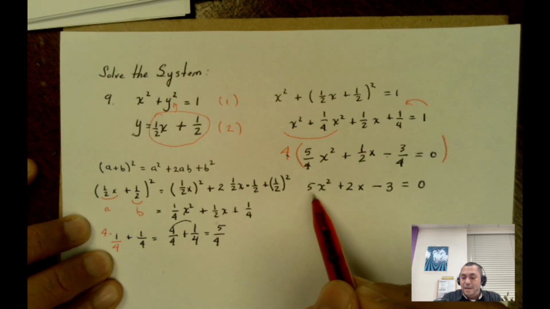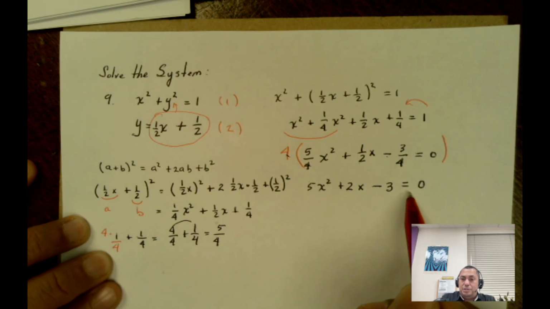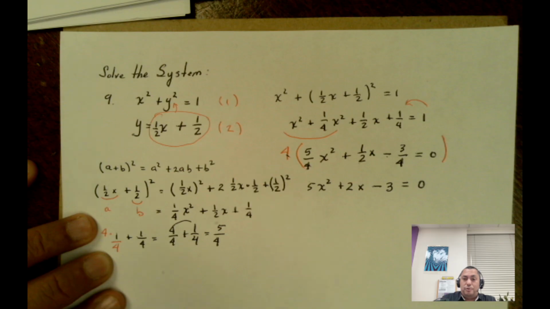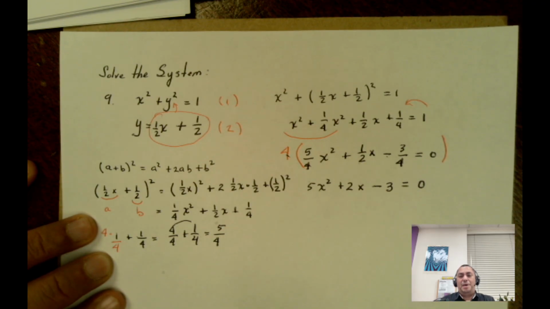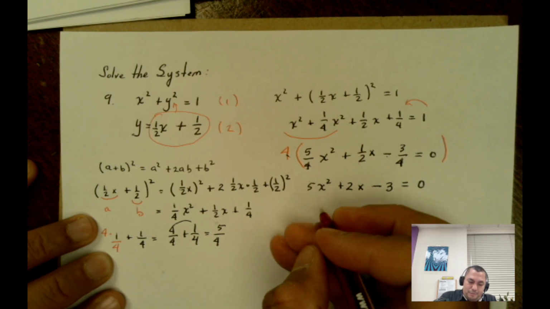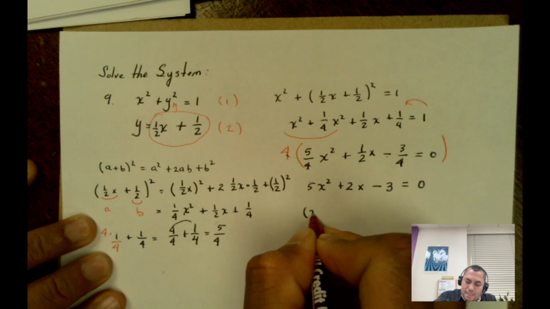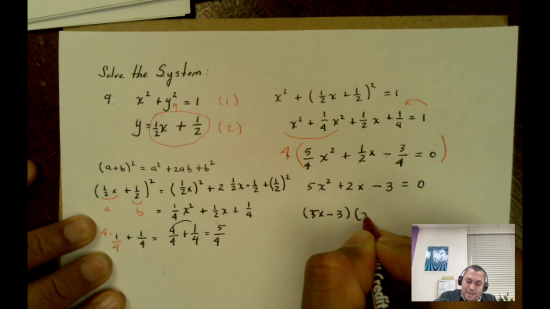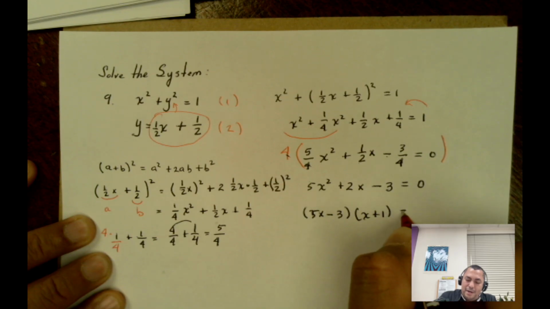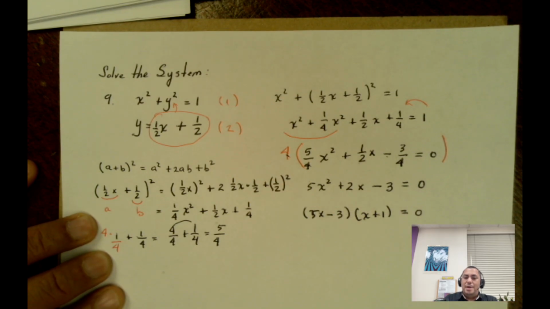Now what I have is a quadratic equation. We're going to try to factorize, and we can. In some of the videos that I have presented, I showed how to factorize a quadratic equation using the X-box method, or you can use the quadratic formula. But this one will factor as (5x minus 3)(x plus 1) equals 0.